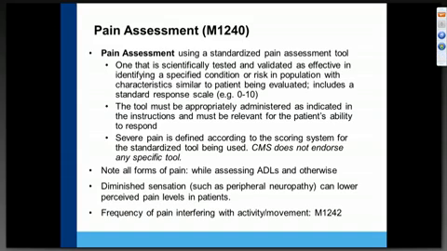But we need to understand what is the type of pain that they're having. Again, this in and of itself is a significant topic to address, and we look at frequency of pain as well.